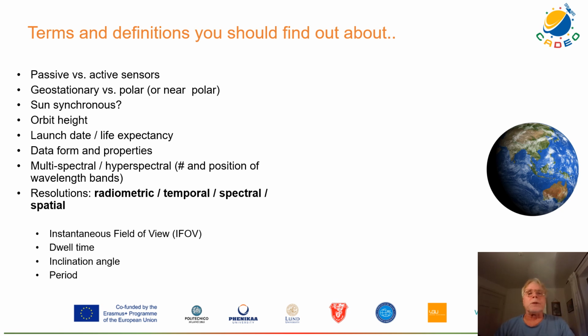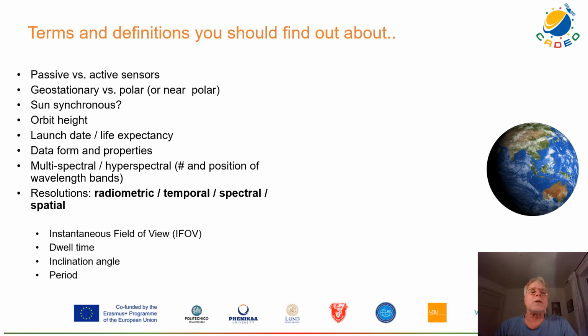So what you should find out about are passive or active sensors. Is it a geostationary or a polar orbiting sensor? Is it sun synchronous? What's the orbit height? When was it launched? Life expectancy? What's the data form? How do we get the data and the properties? What different resolutions do we have?